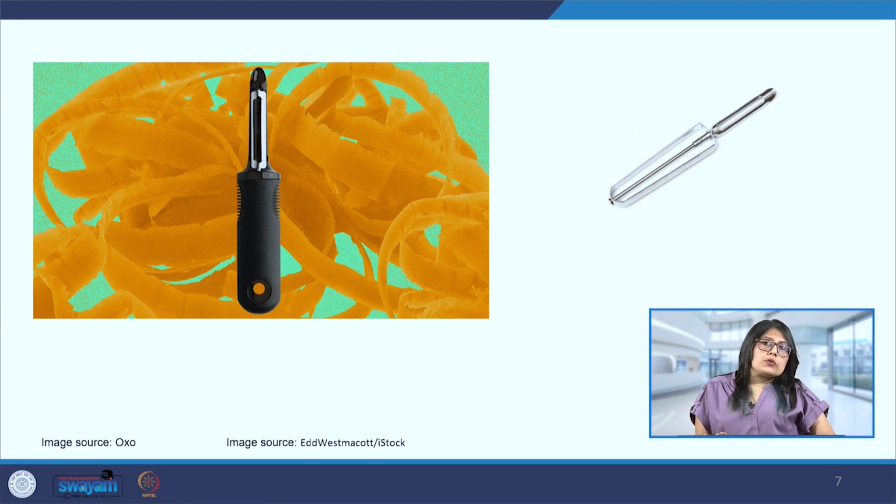So this shows us that if we are creating a product which is targeted for a particular need, it can cater to a larger number of people on a global level, and it can become universally more acceptable.